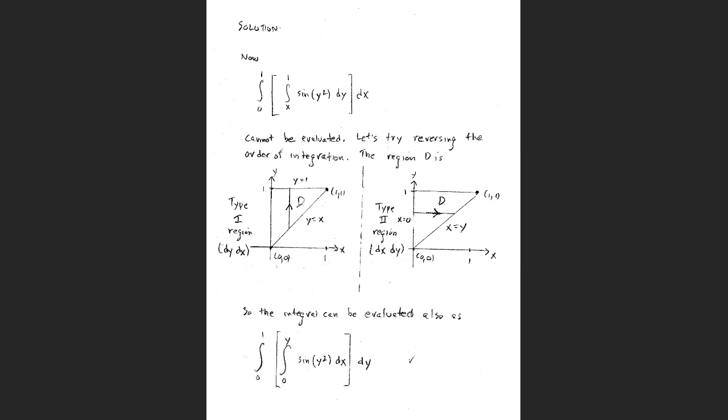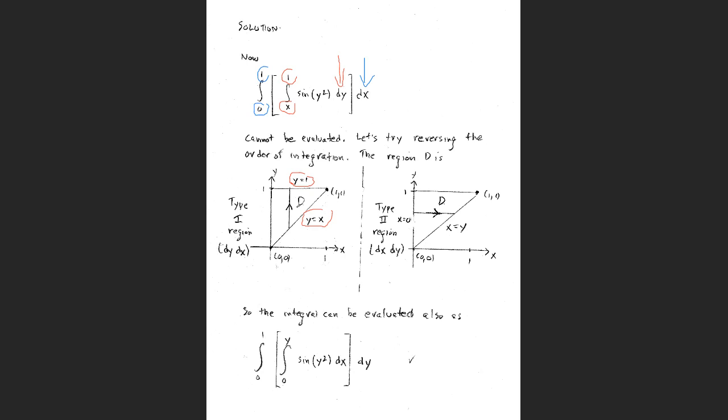Based on the y limits here, y equals x and y equals 1 are the bottom and top bounding functions of the region D. And then the x limits here go from 0 to 1.